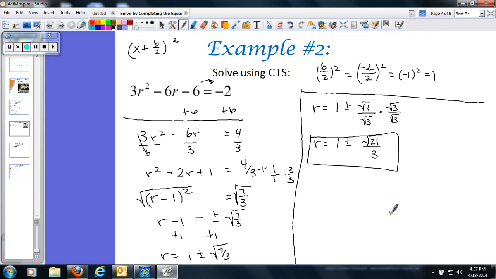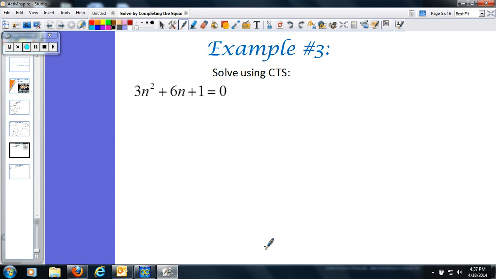So, the last two examples now. Example number 3. Solve using, I abbreviated it as CTS, which is completing the square, 3n squared plus 6n plus 1. And you need to do this on your own.